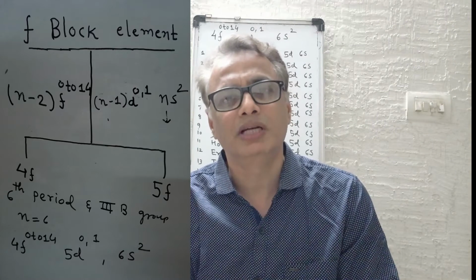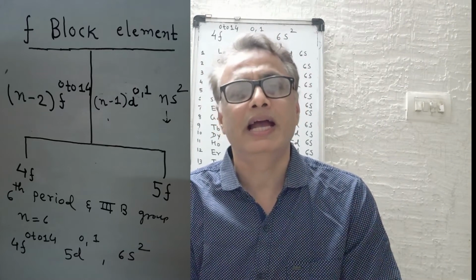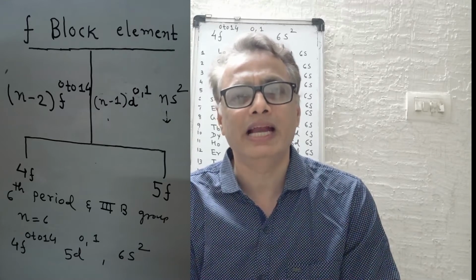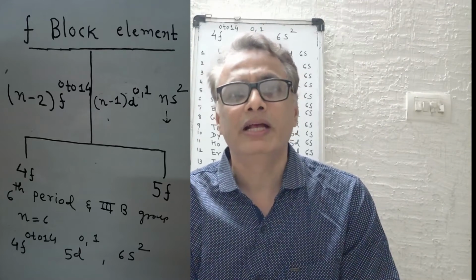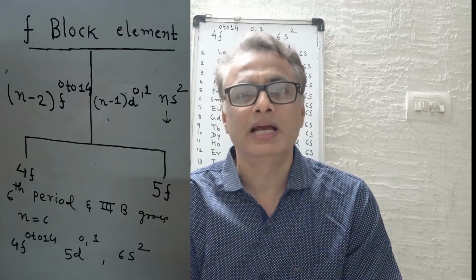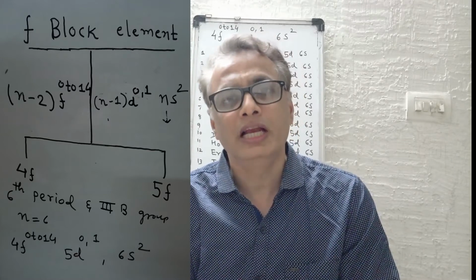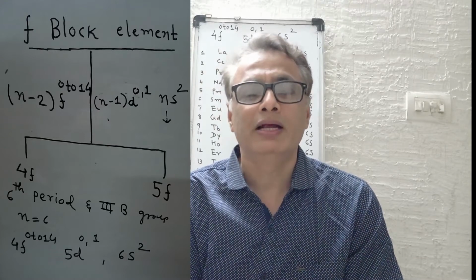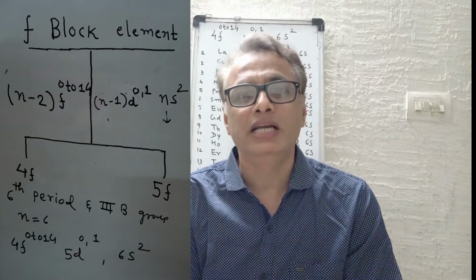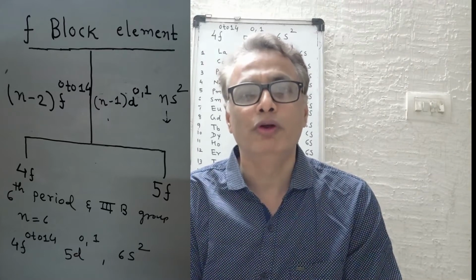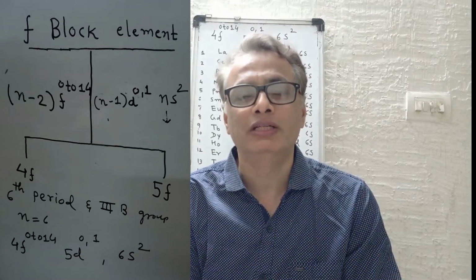The general electronic configuration of lanthanide elements can be written as follows. Since it comes under the 6th period, we take n equal to 6 and substitute it in the general electronic configuration of f block elements, (n-2)f 0 to 14, (n-1)d 0 to 1, ns2, and we get 4f 0 to 14, 5d 0 to 1, 6s2.